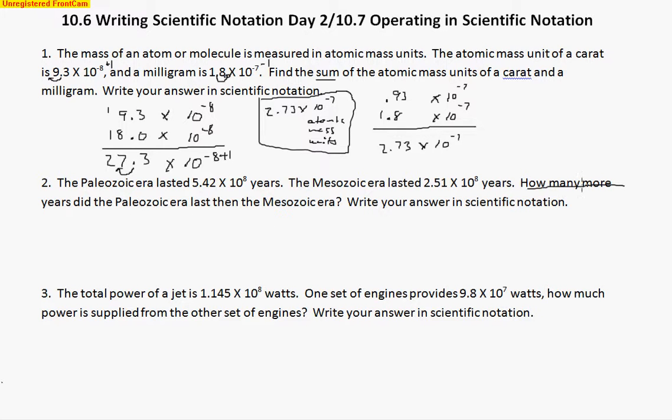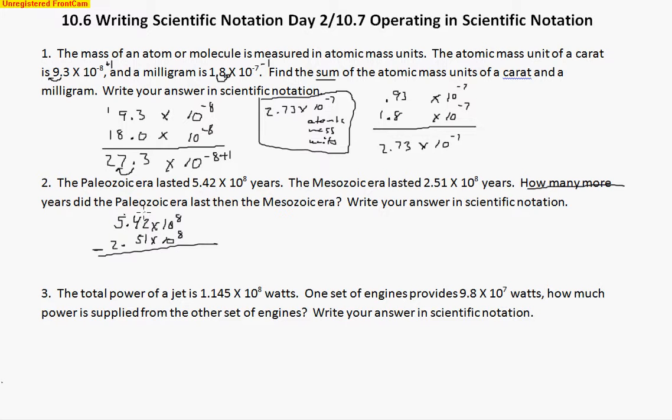So how many more tells me I'm going to end up subtracting the numbers, and so I'm finding out how many more the first era ended up lasting. So I'm going to put that number on top. It's the bigger number anyhow, and see the numbers are in the correct place value because the exponents are the same in this case. So I can go ahead and just subtract the way it's set up.